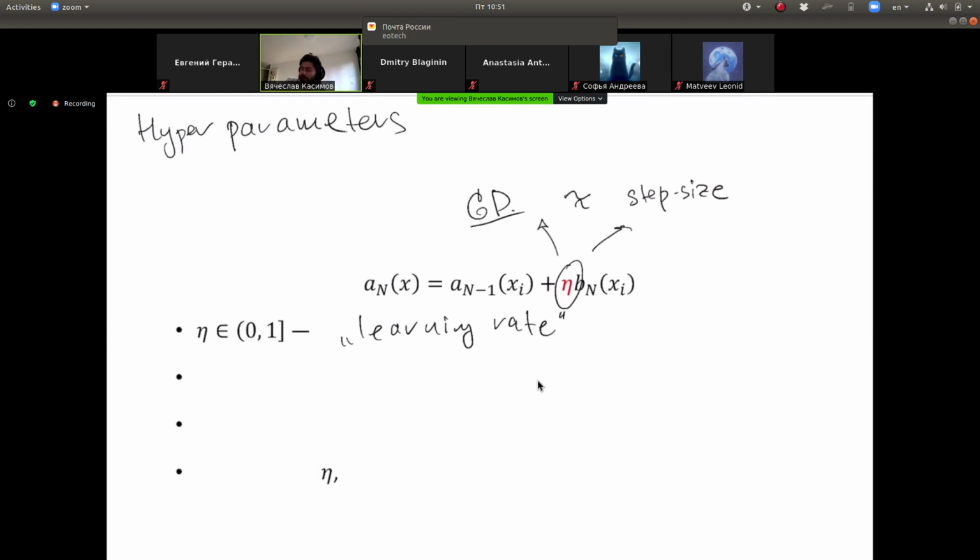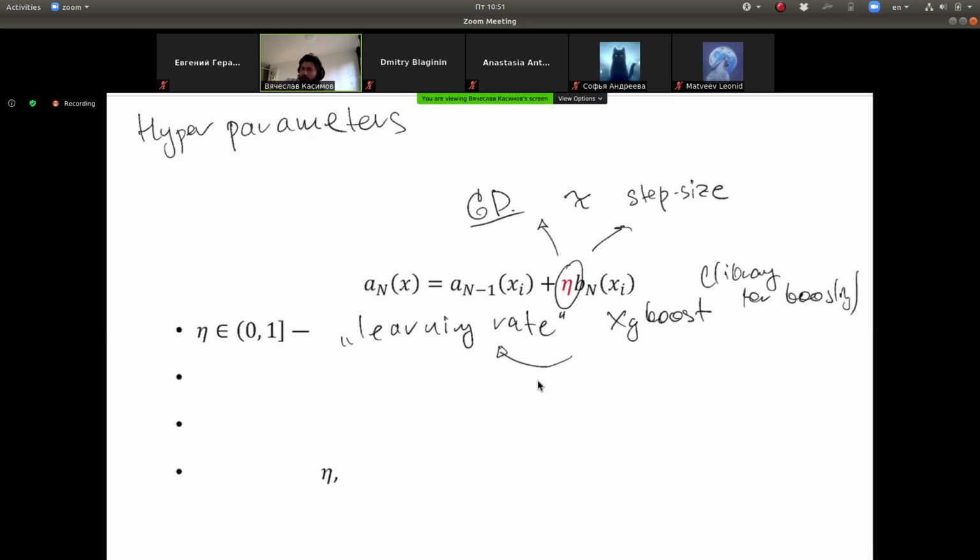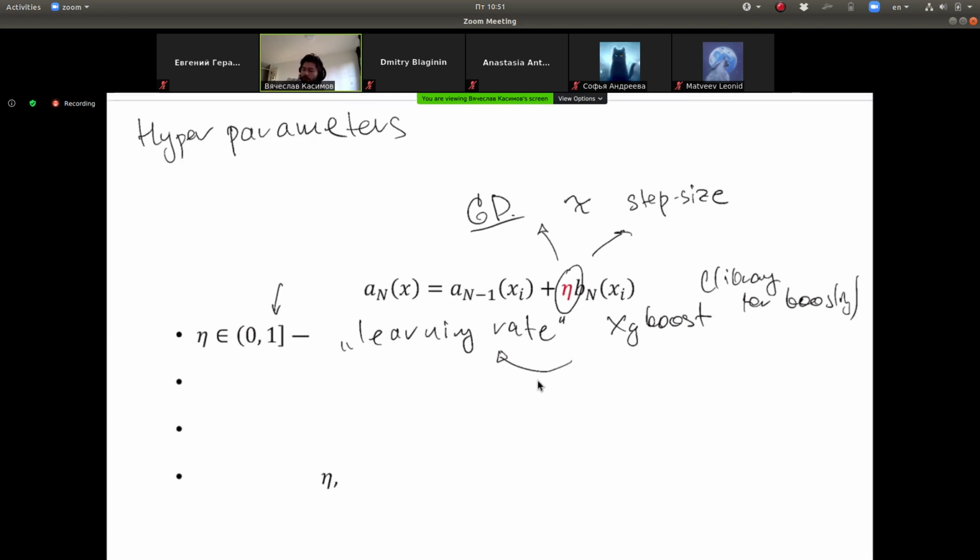I believe in XGBoost it has this name as a hyperparameter. But be patient: firstly, we can limit it with one, but usually we don't use much more.